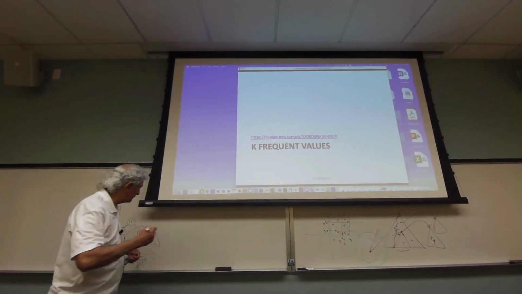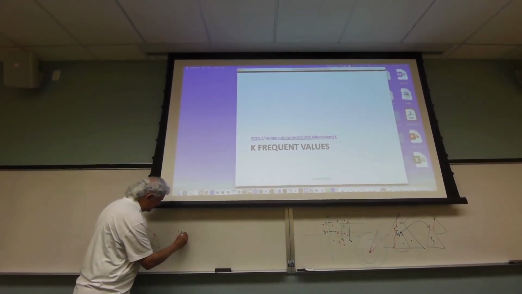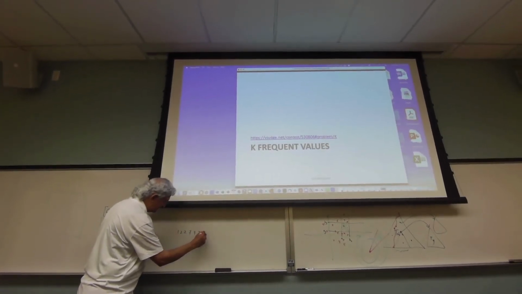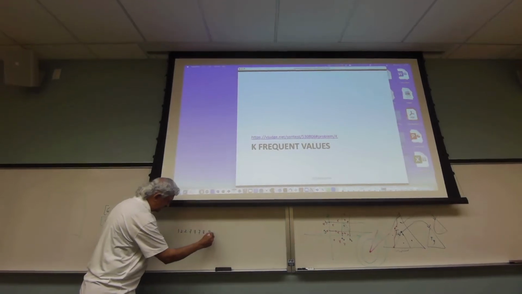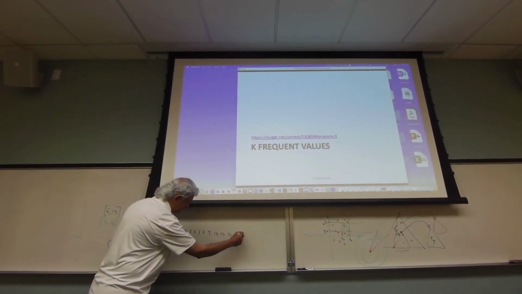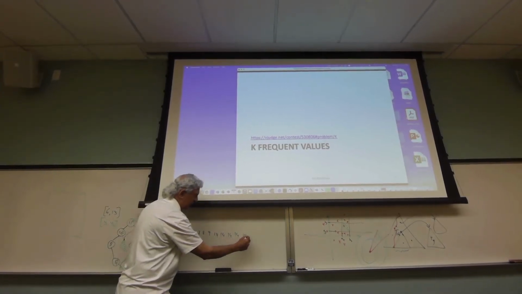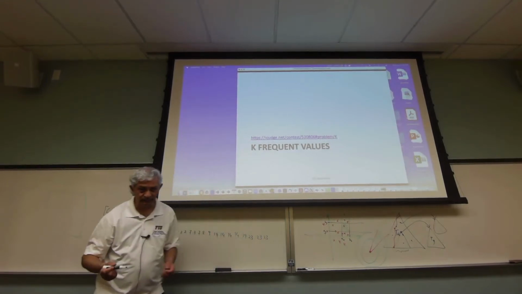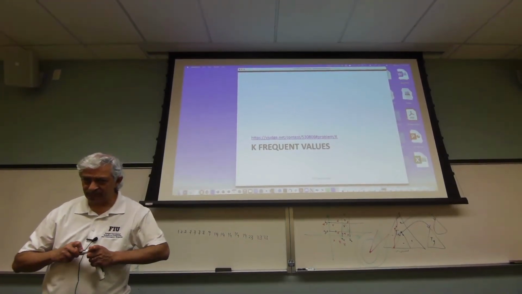So it could be something like 1, 2, 2, 7, 7, 7, 8, 9, 14, 14, 14, 14, 19, 23, 23, 23, something like this.